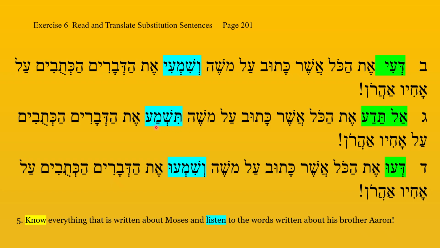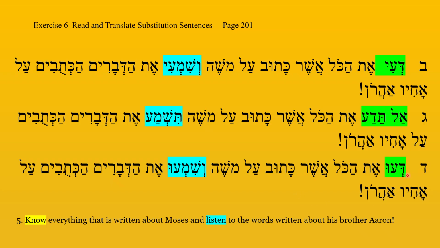Do not listen. So again, you don't have the "all" in front of this, but you do have the conjugation here for the command form, tav in front of it, and you have the sentence beginning with the negative. So you're going to carry that across. Do not listen to the words being written or written about his brother Aaron.